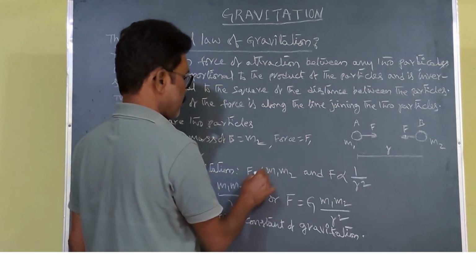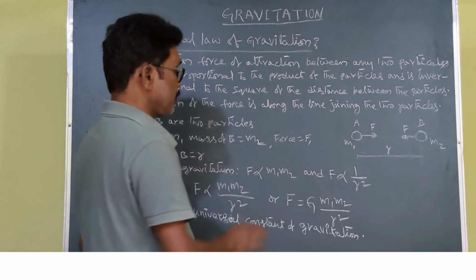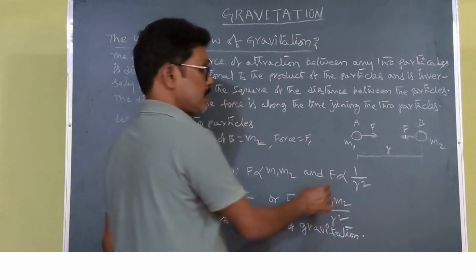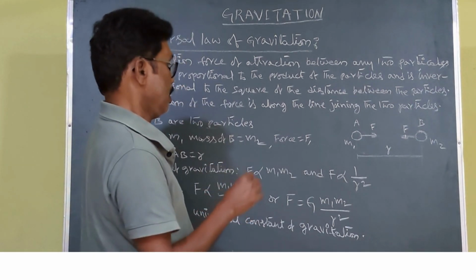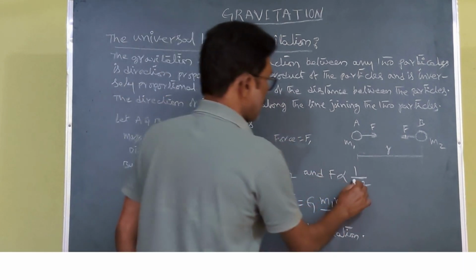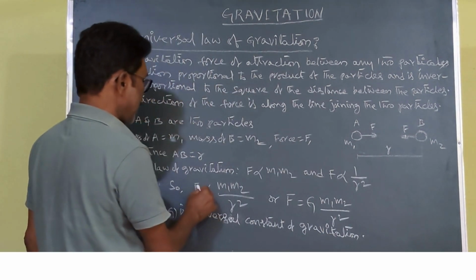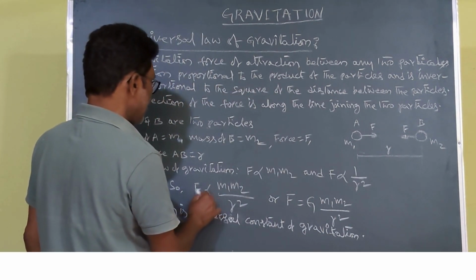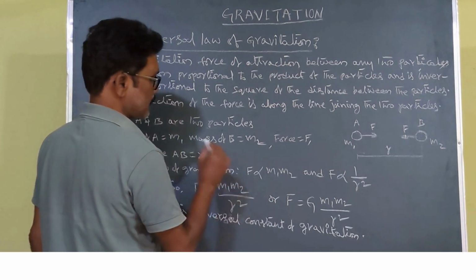So F is proportional to M1 into M2. Another line says F is inversely proportional to the square of the distance between the two particles, that is R square. So we can write F is proportional to M1 M2 divided by R square.